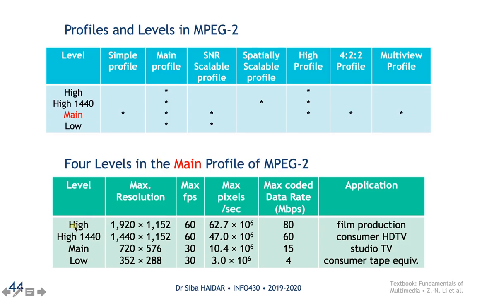For each you have the maximum resolution, the maximum frames per second, the maximum pixels per second, and megabits per second, and which typical application it is used for. Some are for film production, some are for consumer HD TV, some are for studio TV, consumer tape equivalent, etc.